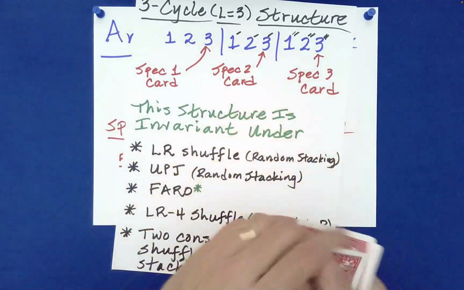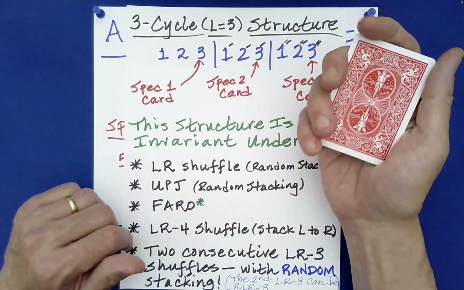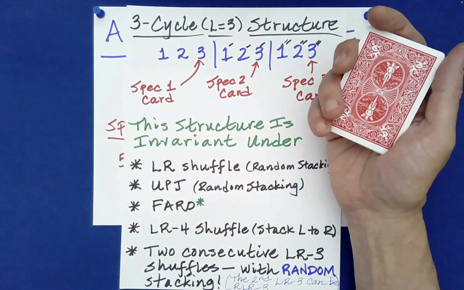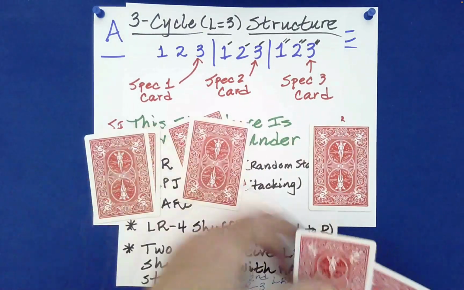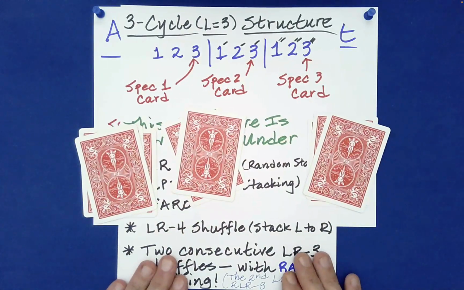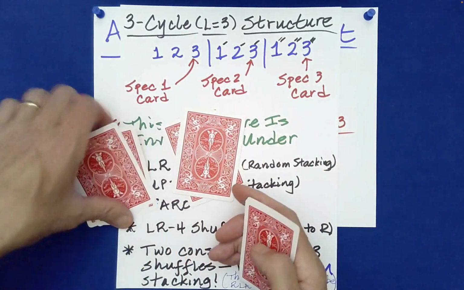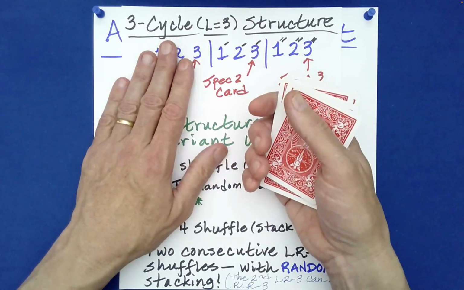Okay. But it has changed the structure of this packet. It's no longer a 3 cycle. But if you perform another dealing into 3 piles with random stacking, amazing, it will take it back to the original 3 cycle structure type.